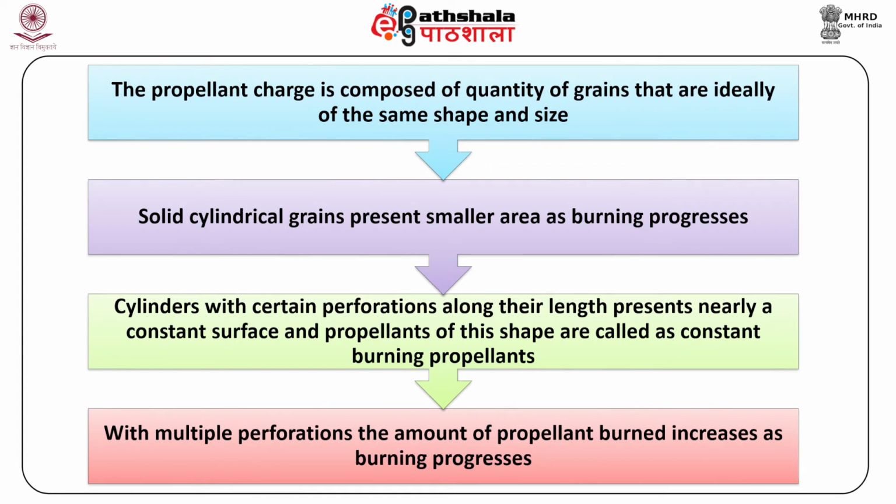Solid cylindrical grains present smaller area as burning progresses. Cylinders with certain perforations along their length present nearly a constant surface, and propellants of this shape are called constant burning propellant. With multiple perforations, the amount of propellant burned increases as burning progresses.